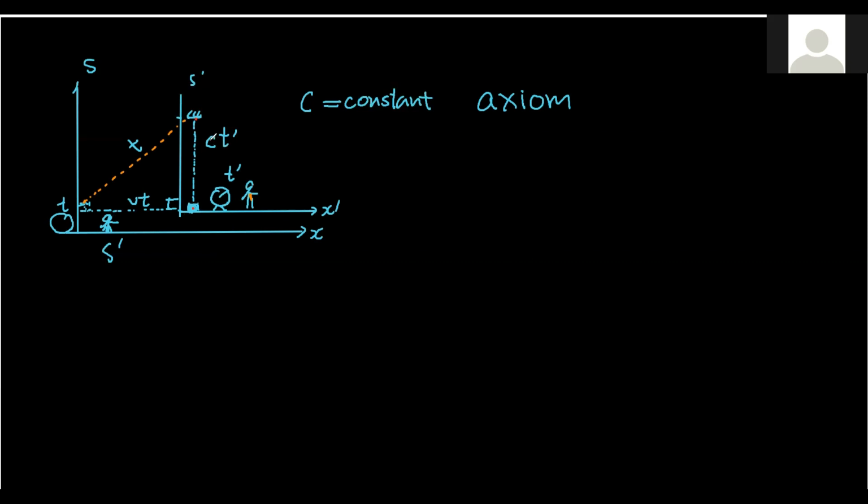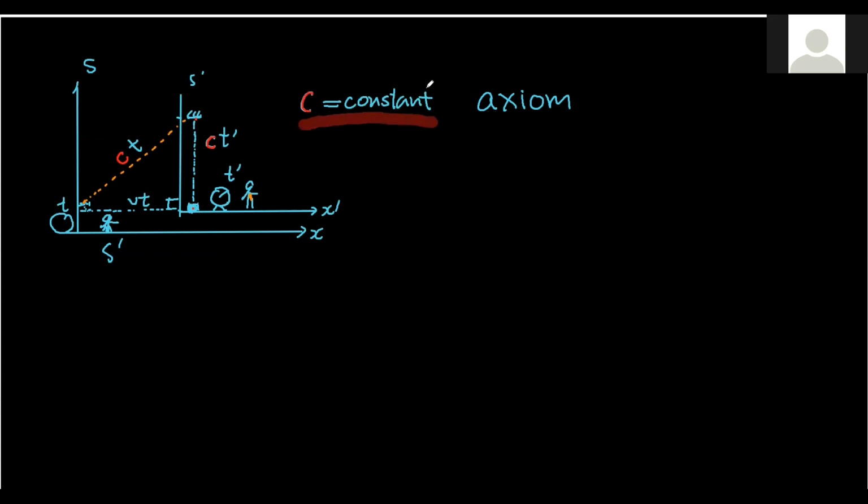When this observer uses T here, we should emphasize the importance of C. And this guy must also assume this is C. That is a consequence of this axiom. So remember, that is the starting point of Einstein's relativity.